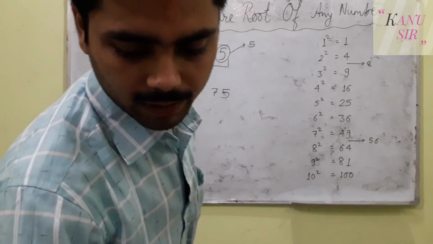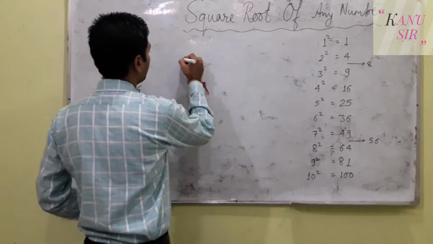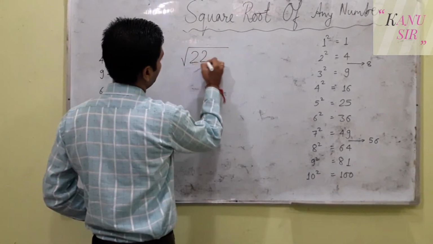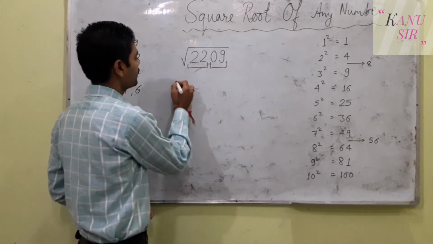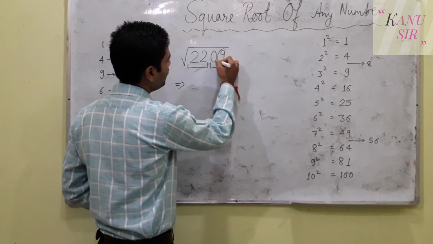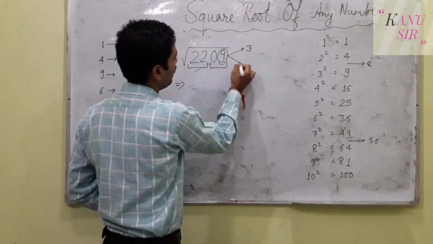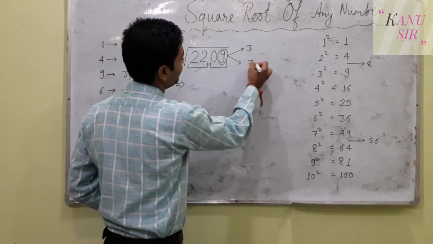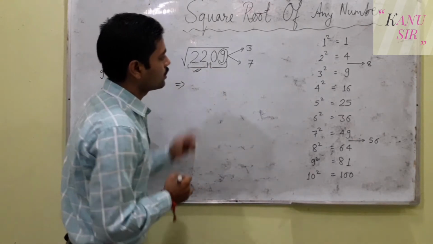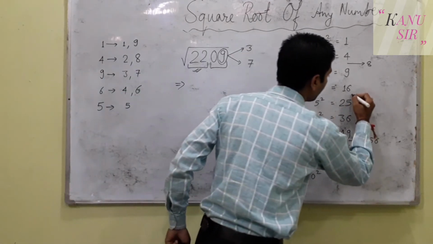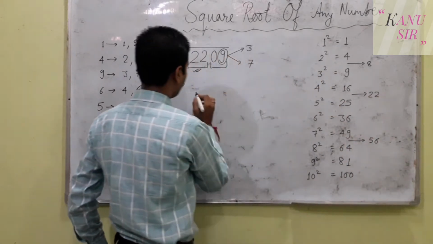Let us take another one, the square root of 2209. Breaking the number into two parts, there is 9 in the ones digit, so either 9 comes from the square of 3 or from the square of 7. The deciding number comes from 22. 22 lies between 16 and 25, so the smaller number is 4.